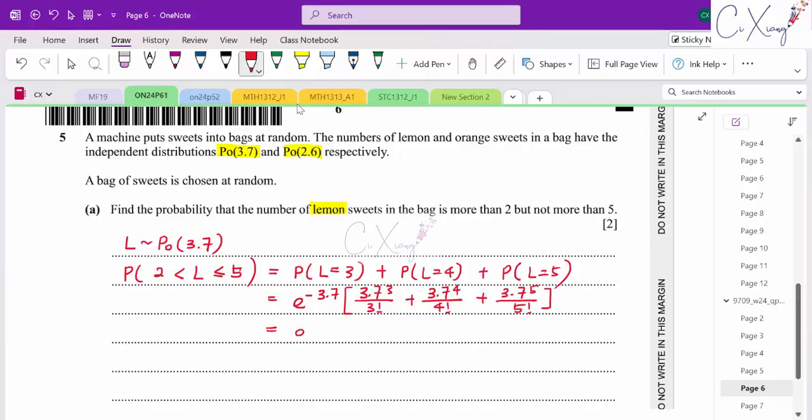Again, try to use a calculator to help you. By right, you should get 0.545 correct to 3 significant figures. So this is what you have for part A.